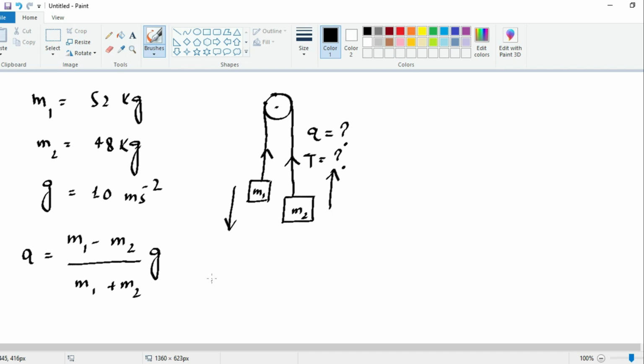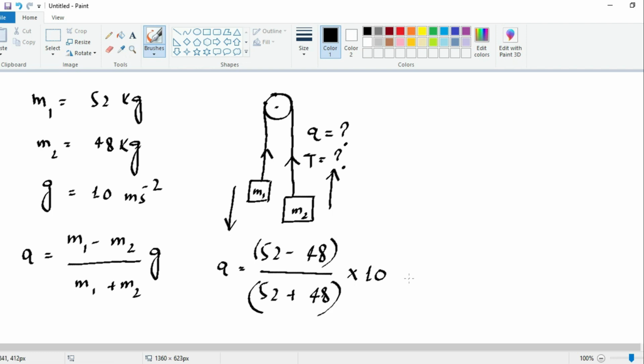By putting all the values in this equation, A is equal to (52 minus 48) divided by (52 plus 48), multiplied by 10. The acceleration is equal to 0.4 meter per second square.